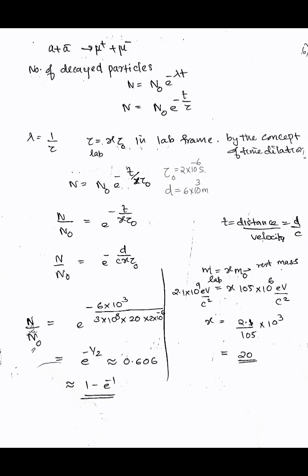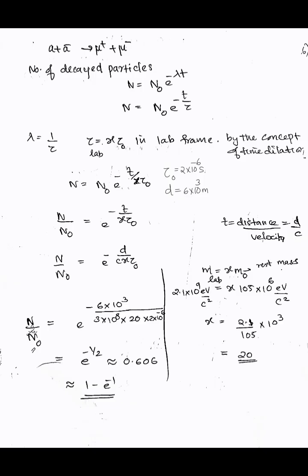So the reaction given is A plus A bar gives mu plus mu minus. Here the number of the decayed particles is n is equal to n0 e raised to minus lambda t, and we know lambda is equal to 1 by tau, where tau is the time. So we can write n is equal to n0 e raised to minus t by tau. So we know that by the concept of time dilation, tau lab is equal to gamma tau naught.